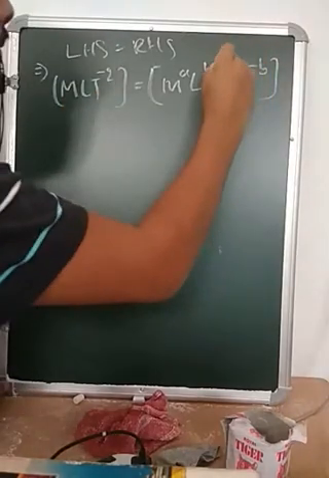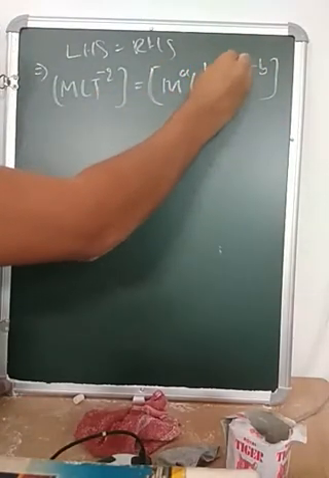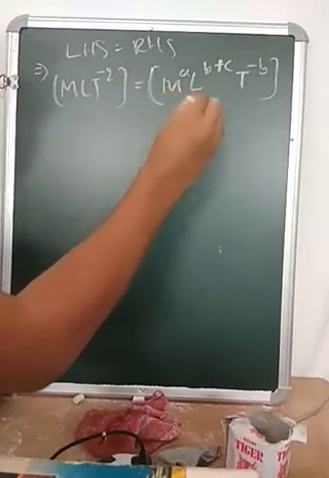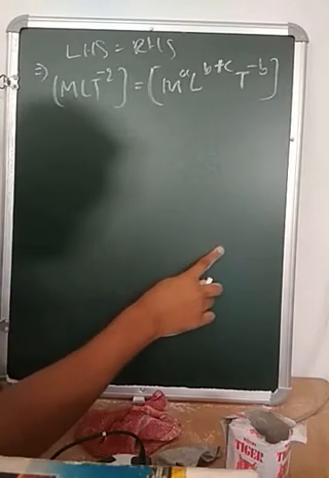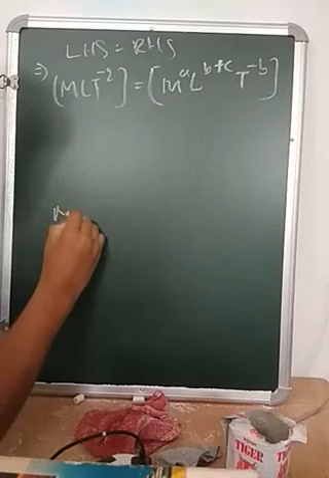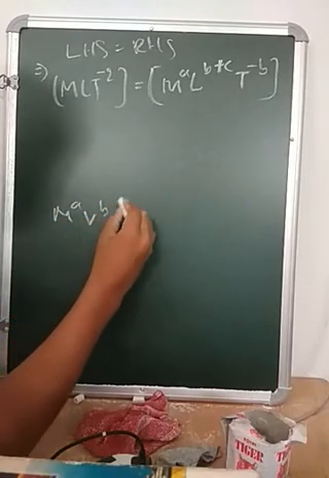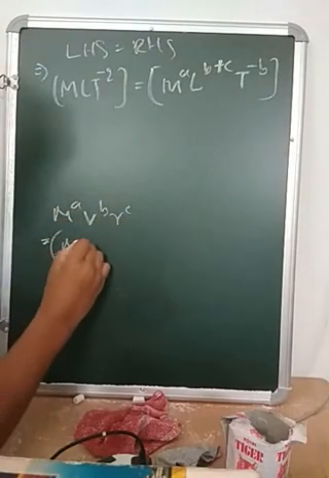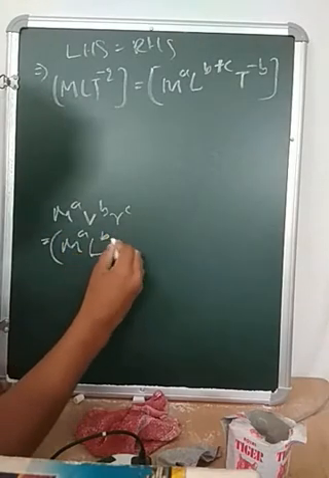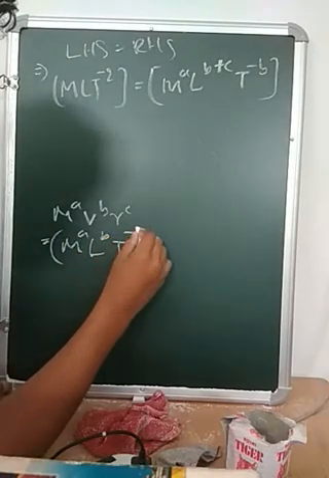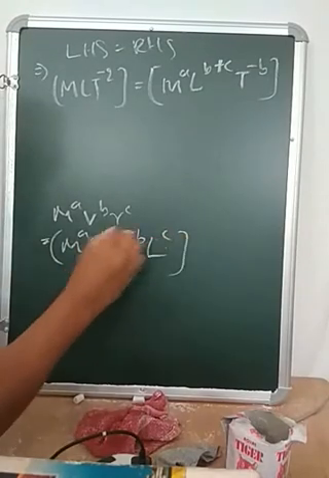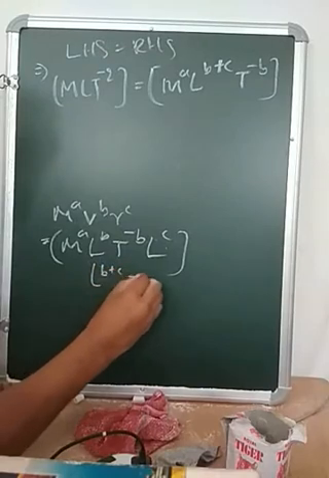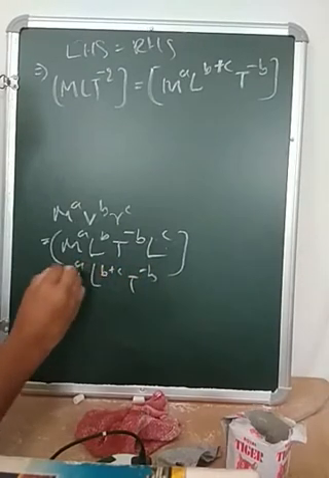Sorry, there is some mistake here. M to the power a, v to the power b, and r to the power c. So M to the power a, L to the power b, T to the power minus b, and r is L to the power c. So b plus c, T to the power minus b. Okay, so this is done.